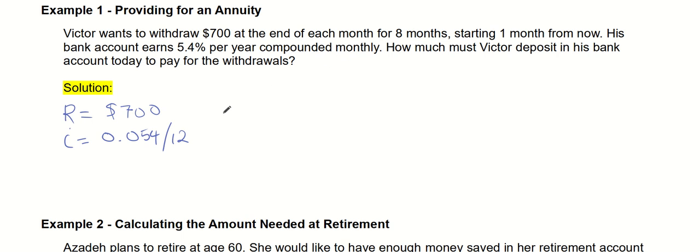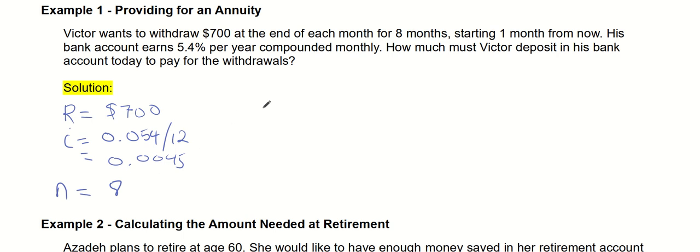That gives 0.0045, and that's the interest. And what's our time period? The time period is 8 months, so n equals 8.